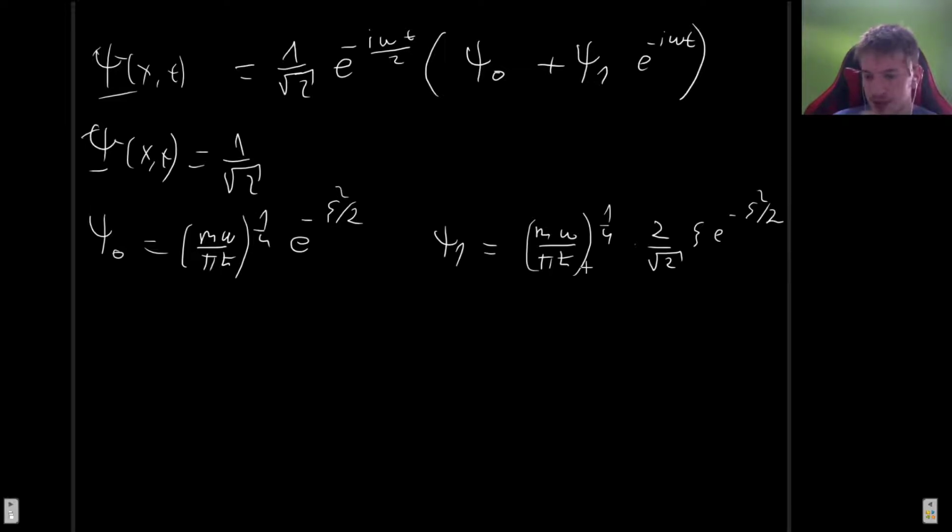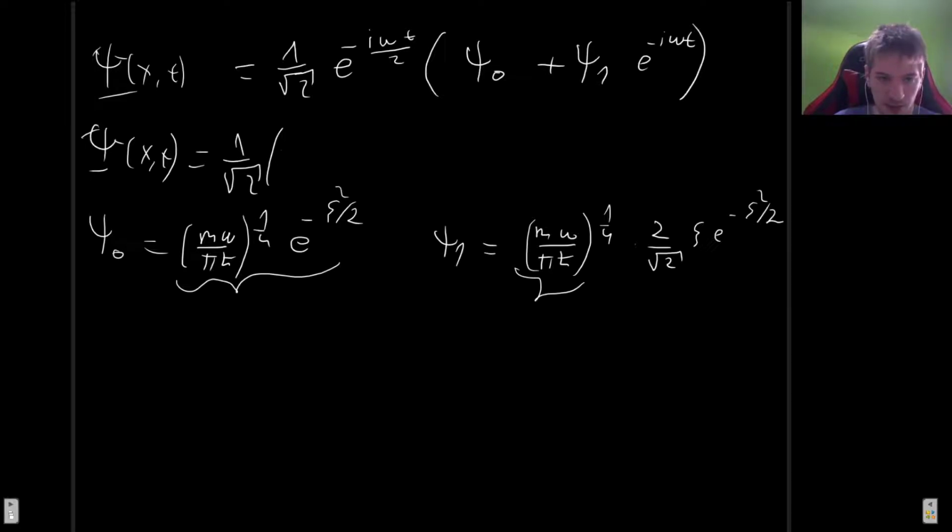Okay, so with this in mind, we can now put this into our wave function, and we can see that we can factor out this right here because it's in both the ψ0 and in the ψ1. So we can write this much better.